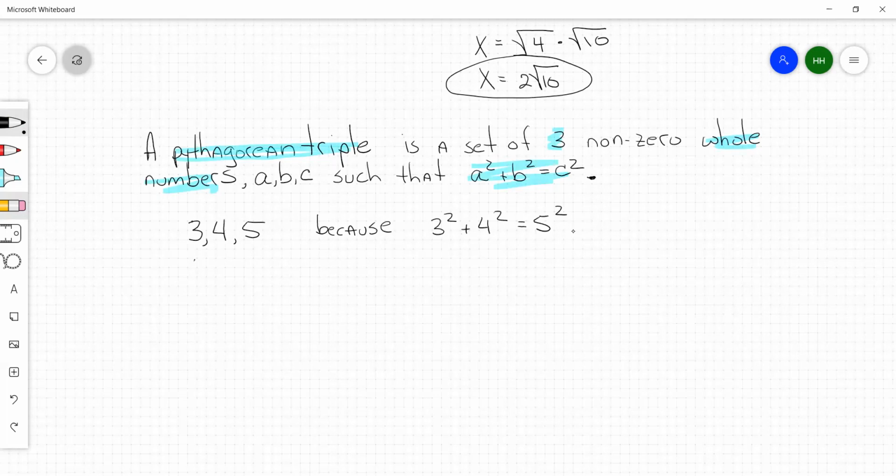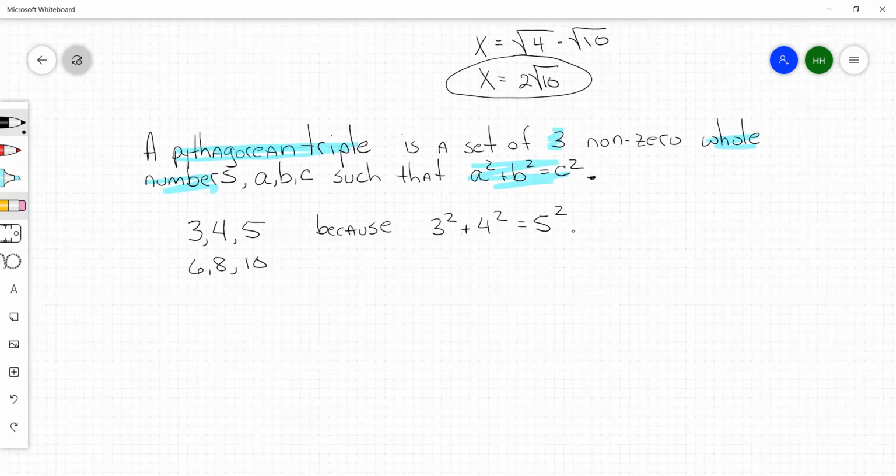Another example is a 6, 8, and 10. If you ever see a triangle and you know that 2 of the sides are 3 and 4, the hypotenuse is going to be 5. If 2 of the legs in a triangle are 6 and 8, the hypotenuse has got to be 10. Okay?